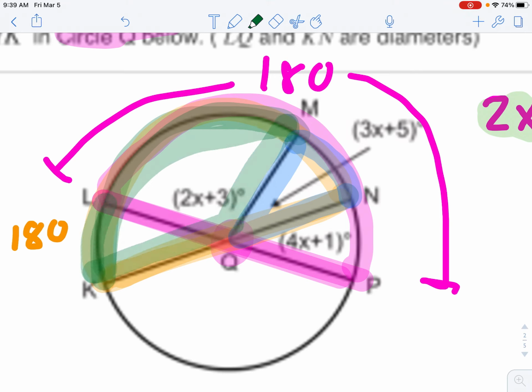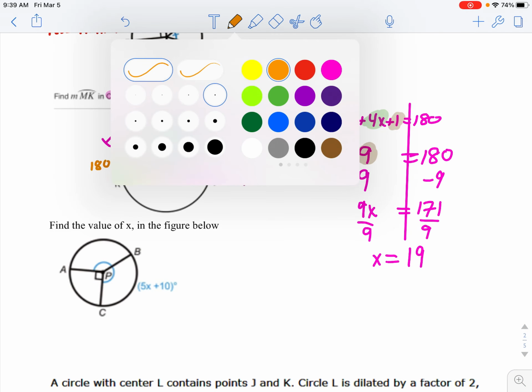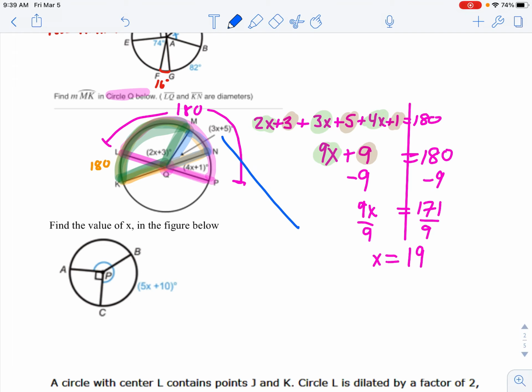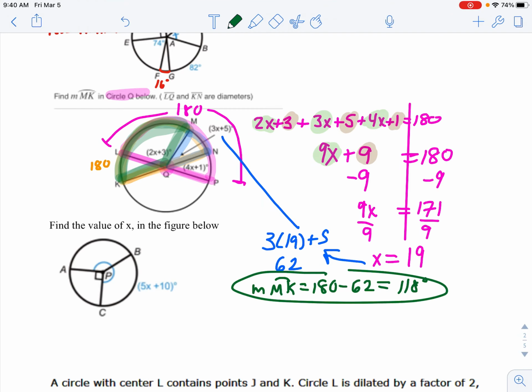So we just do 180 minus the blue part, and it will tell us the green part. Taking 3x plus 5, plugging in 19: 3 times 19 plus 5 is 62. So the measure of arc MK is 180, because that's a semicircle, minus 62. We don't want that part, so 180 minus 62 is 118 degrees. That's how you figure that one out.